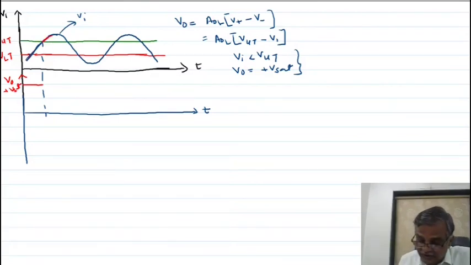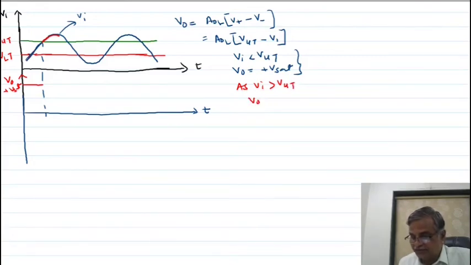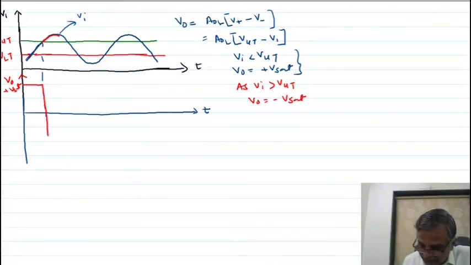During this, look here, now as VI becomes more than VUT, VO is minus. So VO becomes minus V sat. And look here, it is going down.